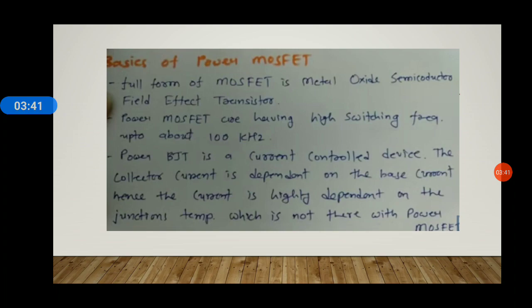We all know as junction temperature increases, beta increases, which further increases our output current, that is the collector current. So there can be a false output in case of a power BJT, or an output which can go out of control. But it is not the case in a power MOSFET, which is a voltage controlled device.